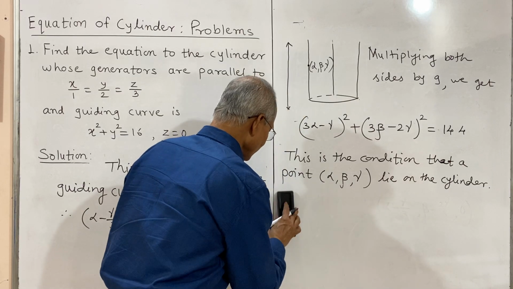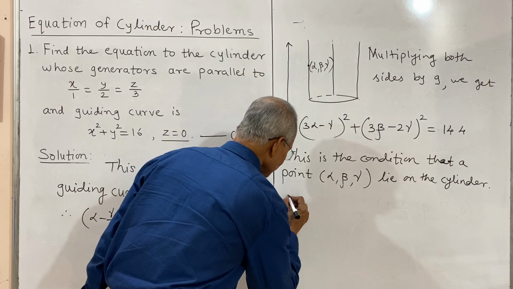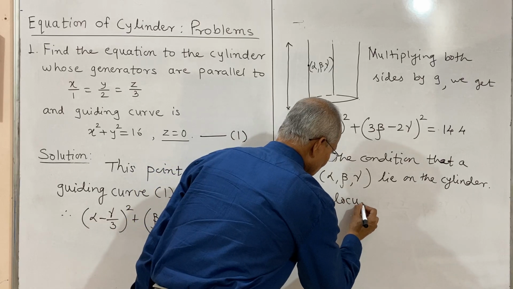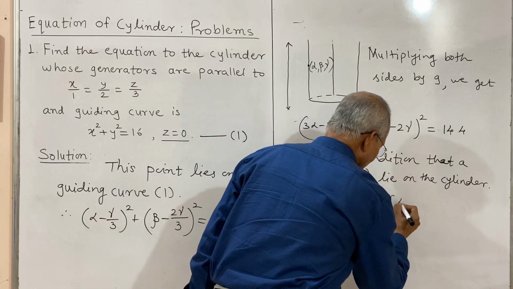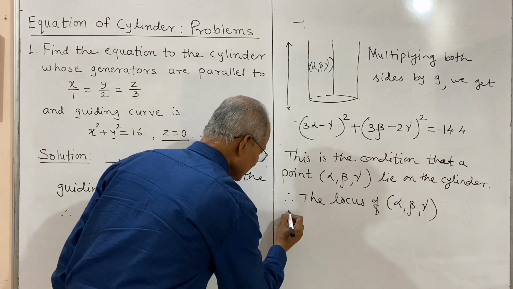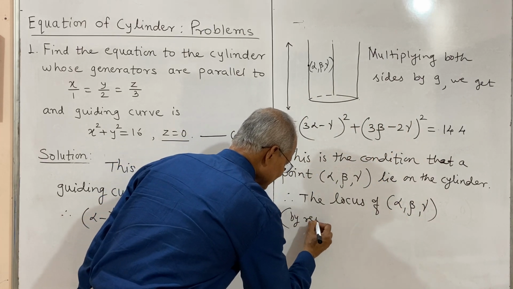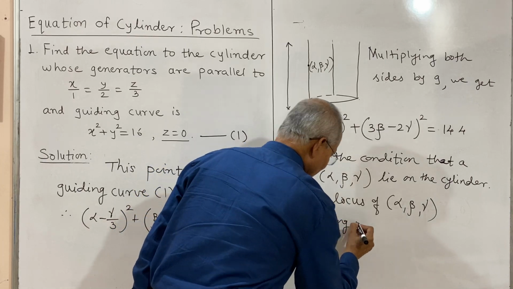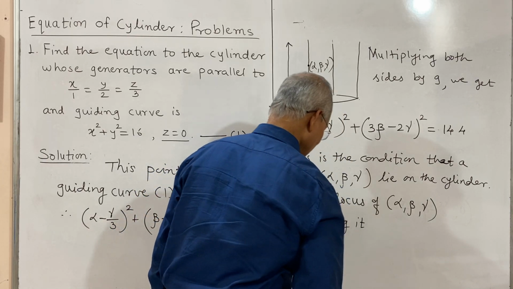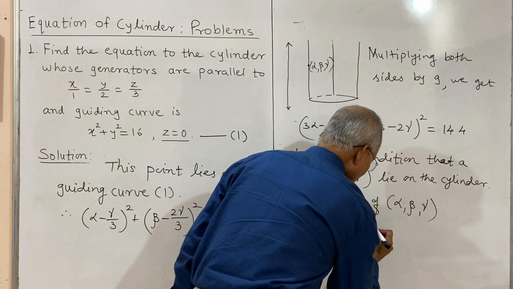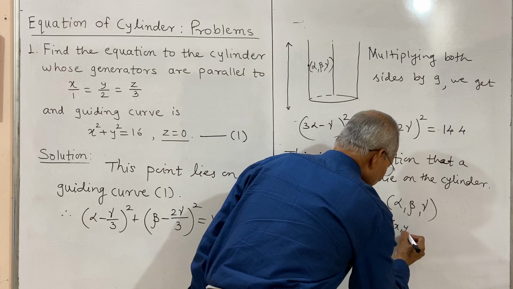Therefore, the locus of alpha, beta, gamma is obtained by replacing them by x, y, z.